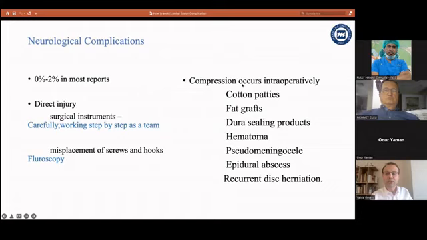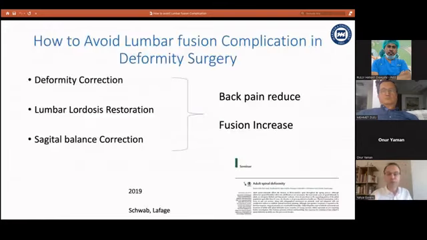Another thing, compression of neural tissue again causes complications, for example with cottons, fat graft, dural sealing products, hematoma and pseudomeningocele after operations, epidural abscess, and recurrent disc herniation, which are late neurological complications.